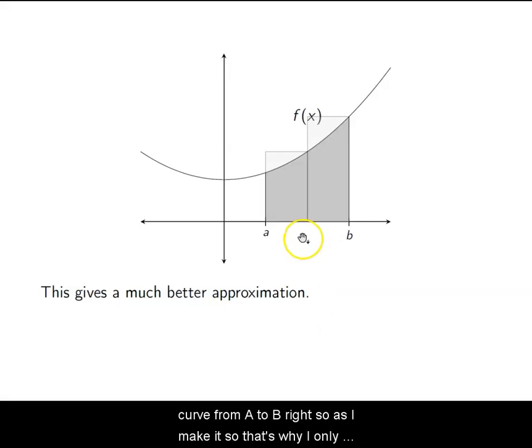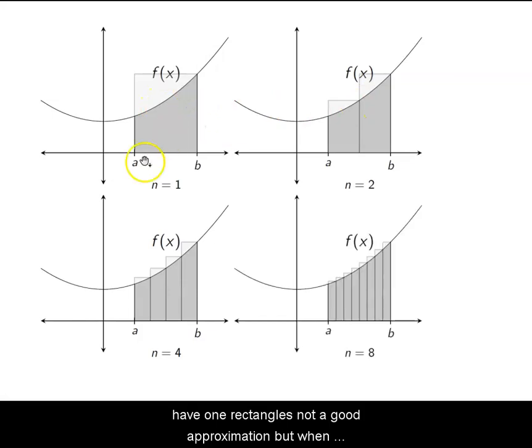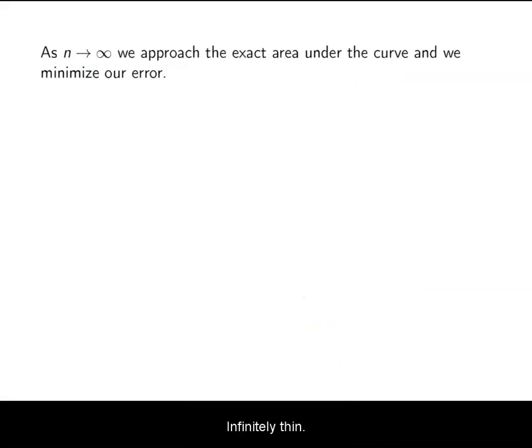So that's why if I only have one rectangle, it's not a good approximation. But when I have more, it looks better. And if I had an infinite number, there would be no over approximations. There'd be no over areas because each line would be the height of an infinitely thin rectangle, right? A rectangle with a width of 0, basically. Okay.